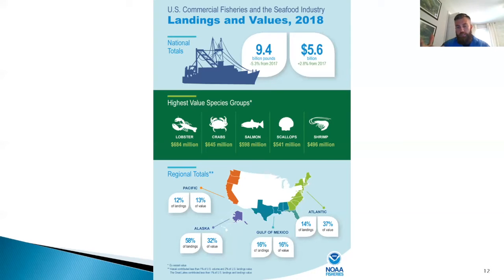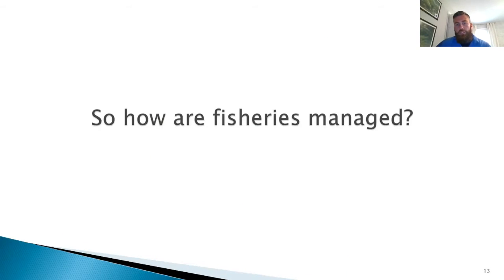But that tends to coincide in the Atlantic with a higher per unit value per product, right? And so we're landing sea scallops in particular and lobster in the Atlantic region. And so if you look up at that gray bar, that's why, because those products are difficult to acquire. Both of them have relatively short seasons, and so it kind of drives up the price value, as well as consumer interest. So how are your fisheries managed?